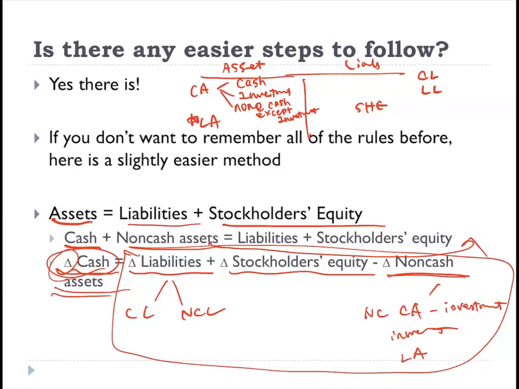Cash we don't need to consider. Basically, we need to classify everything else. All of the firm's non-cash assets except investment, and the firm's current liabilities, are usually operating related.